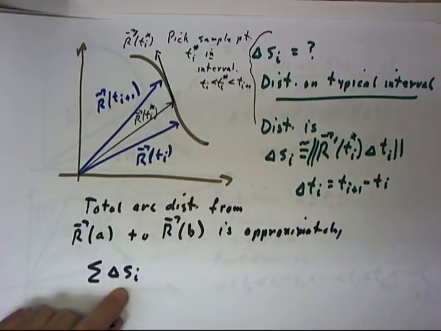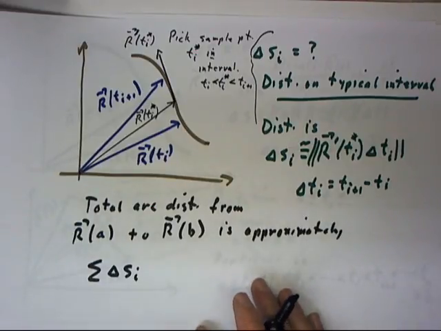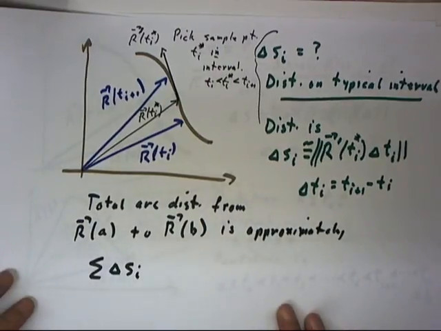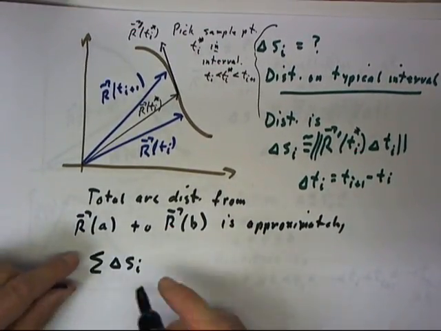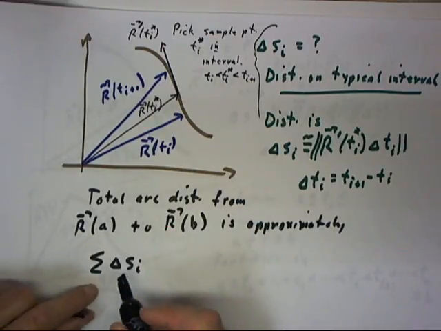And we're adding these delta s sub i's over all the intervals. I'm not going to throw in the subscripts here. If we want to get rigorous, we're going to have to be just a little more careful. But this is the structure of the argument we would use.